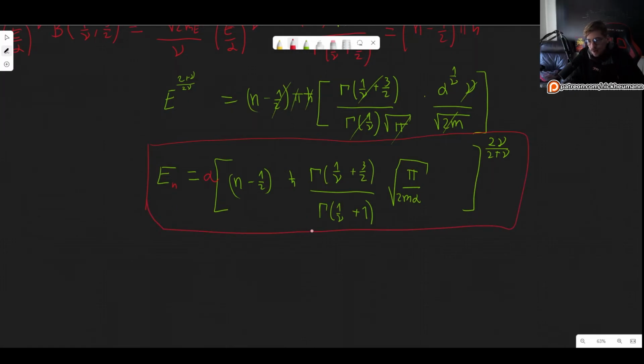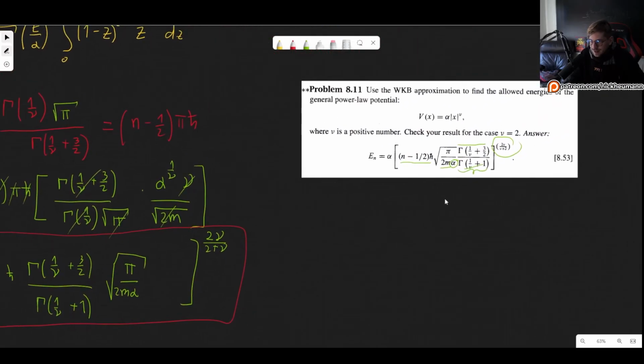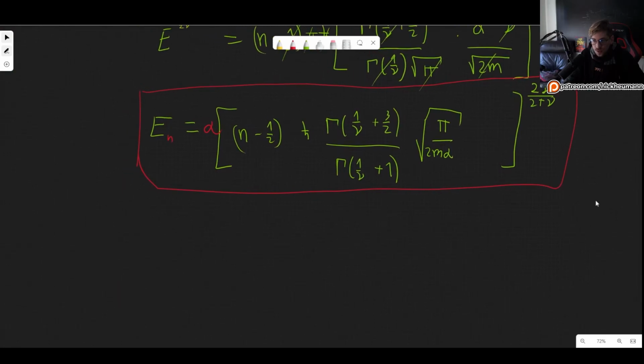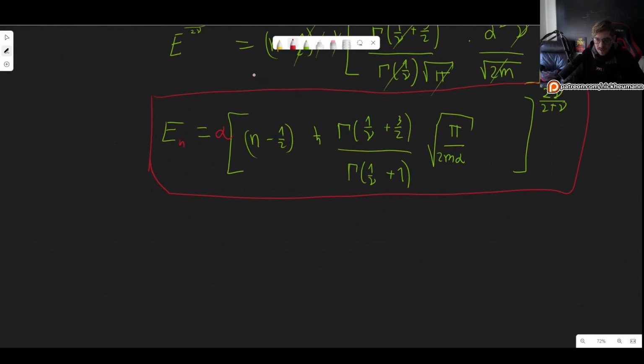Now, the other part of the problem, they ask us to check the result for the case where nu is equal to 2. So let's see what happens there. So if nu is equal to 2, so basically when we have alpha times the absolute value of x squared. Okay, in this case, we don't really need the absolute value, to be honest, right?